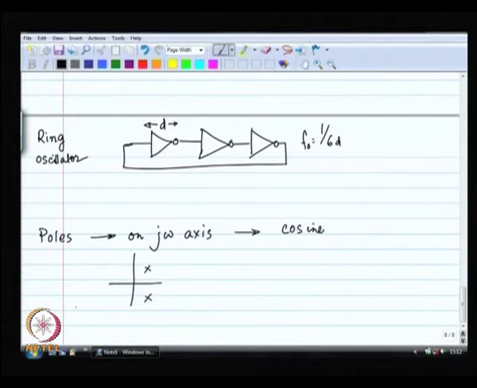That probably means that the output is going to get saturated at the power supply voltages, which probably means that I will end up with a square wave. Okay. So, this is going to give me a square wave. Remember, we like square waves. So, this is a third line of thought.